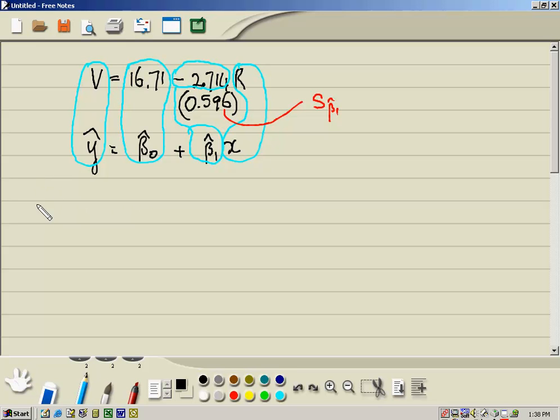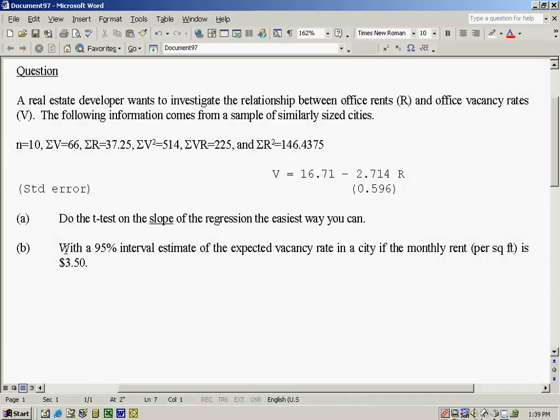So we can write down what little we have there: beta hat 0 is 16.71, beta hat 1 is negative 2.714, and S beta hat 1 is 0.596. What we also need to do now is to rewrite the sigma V's and sigma R's from here and translate those into X's and Y's.